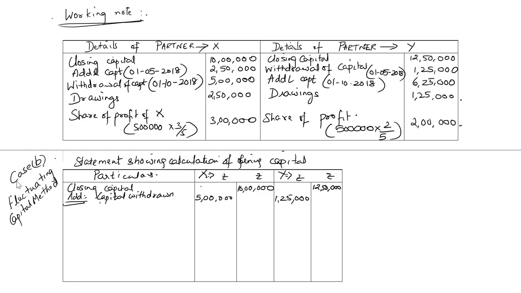We need to also add the drawings of the partners. The drawings of X rupees 2 lakh 50,000 and the drawings of Y 1 lakh 25,000. The total of the add in the case of X is rupees 7 lakh 50,000.